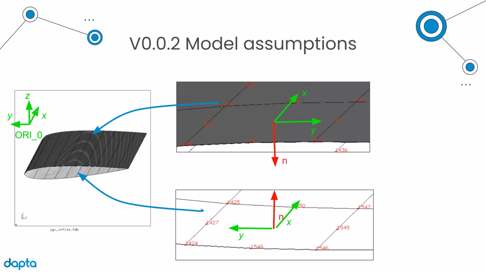So here we have a material orientation ORI 0 that we used to orientate the main fiber direction of our composite material along the X direction, which when that is set to 0 on the parametric study, is just aligned with the span of the wing.